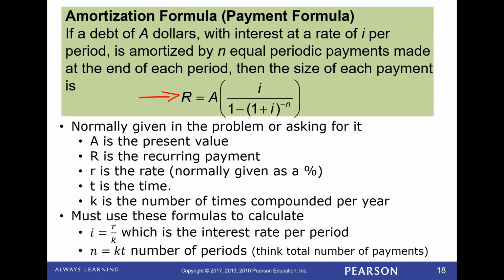Normally in a problem, they won't give you the payment value, they're going to give you the payment value and you figure out the present value. But there's a couple of times where I want to know what my payment needs to be. In that case, this is where this formula comes in. So if I am looking for the payment, make sure you use the one that has big R.